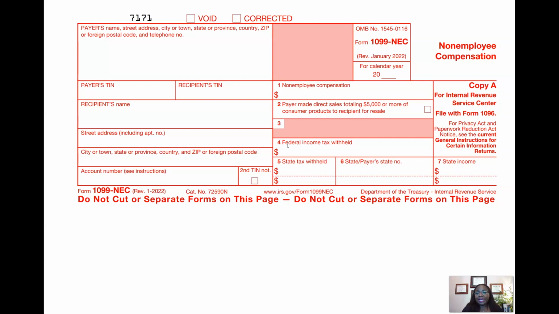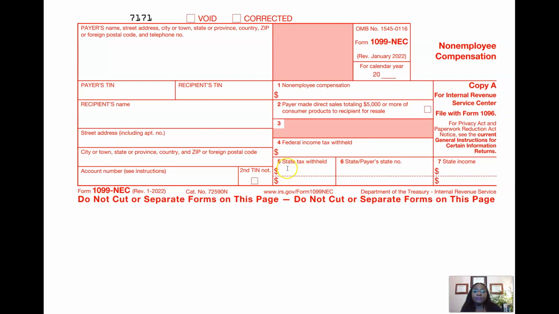But if that is the case, then you put the amount that you withheld from your contractor's pay. So for instance, if you paid your contractor $10,000 and you withheld $1,000 for federal income taxes, you would put that amount there, and you should have sent that money to the IRS.